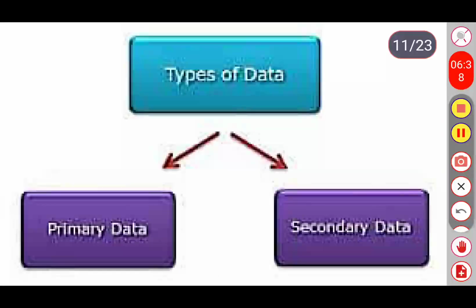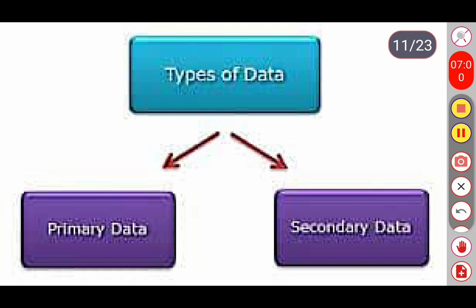Next one, types of data. We have two types of data. The first one is primary data and the second one is secondary data. Data is nothing but numerical information, and we classify that data into two types, primary data and secondary data. So what do you mean by primary data?